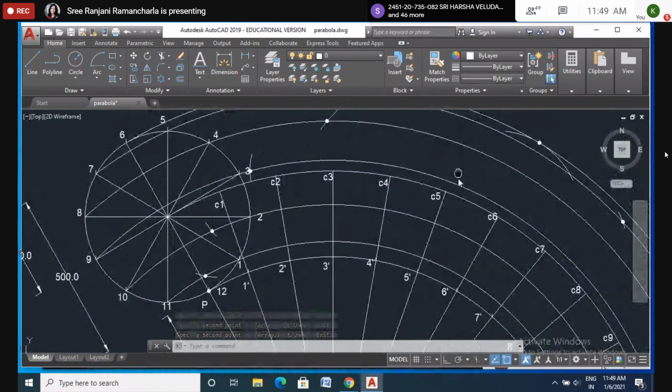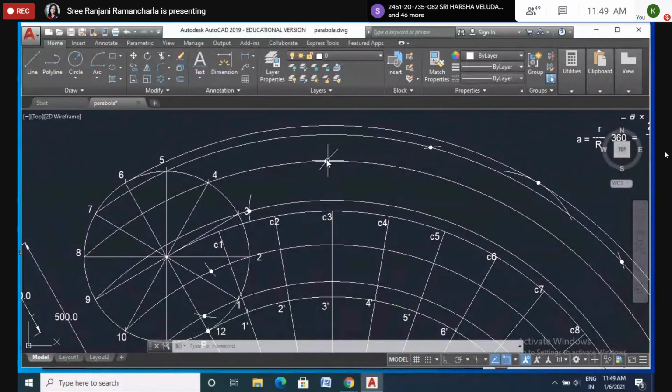Now, after you make a point on each intersection of these curves, when you draw the freehand line, your vision will go to these points only. That's why I told you to show the point at the intersection.